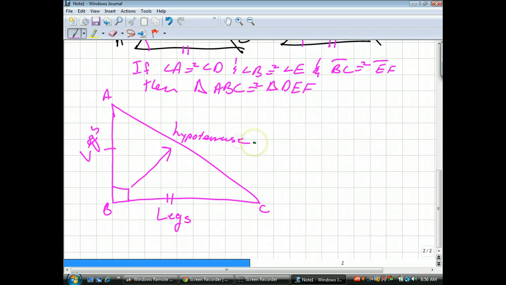Okay, and so that's important because in the second theorem, we have to have the hypotenuse and one of the legs. And notice that the legs are the segments that are perpendicular to each other. Okay, so the two segments that are perpendicular to each other are the legs, and the segment that's opposite the right angle is always the hypotenuse.